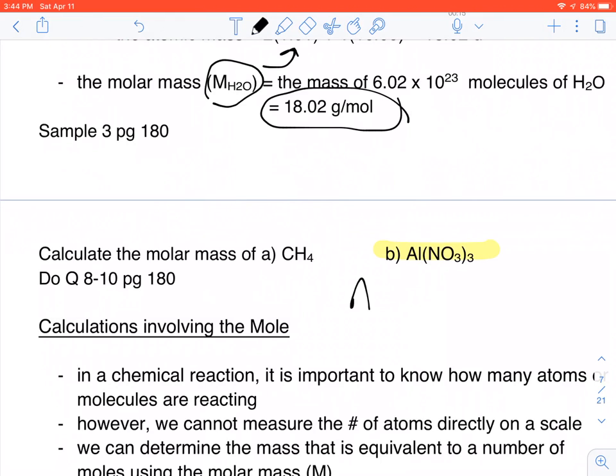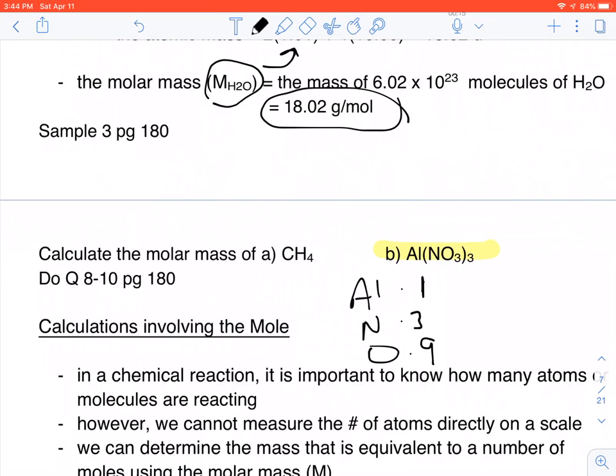I see aluminum there, I see nitrogen there, and I see oxygen there. How many aluminums? There's 1. How many nitrogens? Well, there's 3 NO3s, so I guess I have 3 nitrogens. Remember, NO3 means N1O3, and I'm going to multiply the 3 outside the brackets into the brackets. And the same thing, if I have 3 NO3s, means I have 3 oxygens or 9 oxygens. Multiply 3 into the brackets like we do in math.